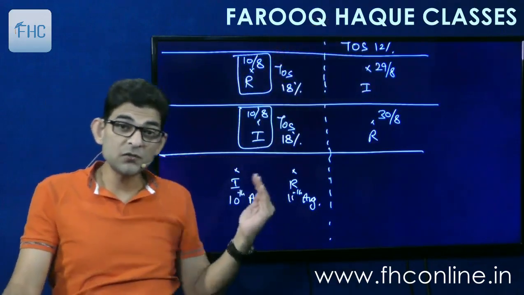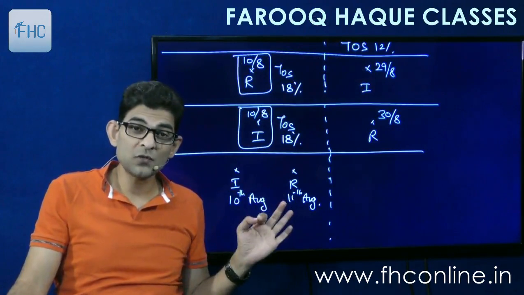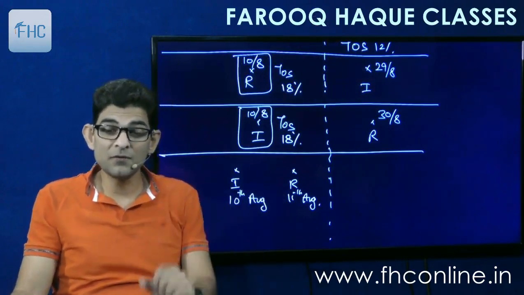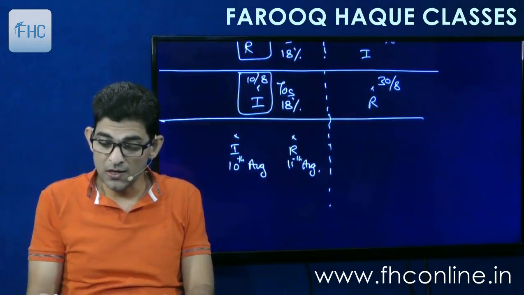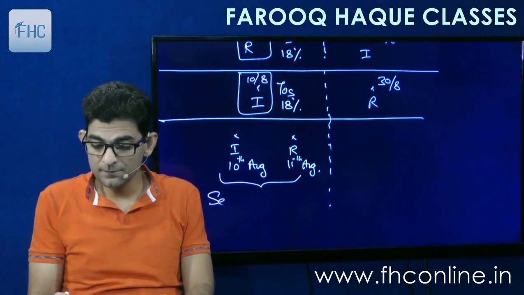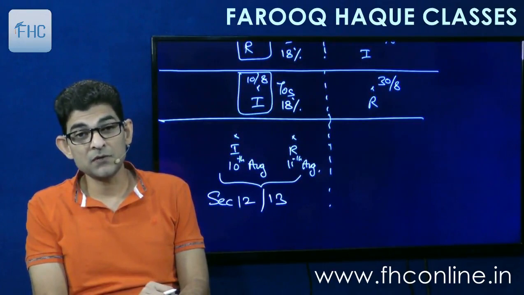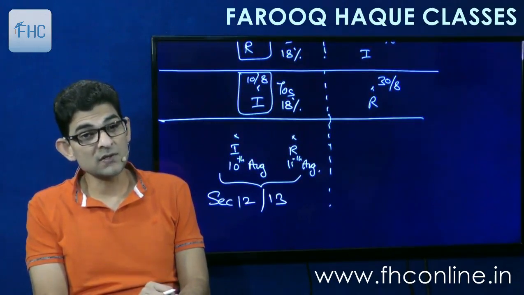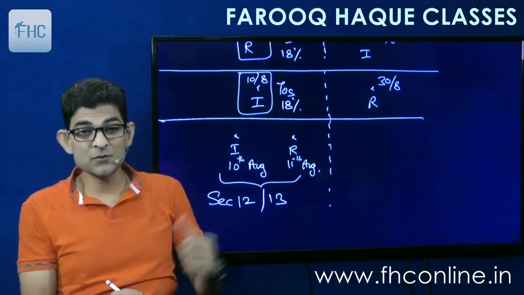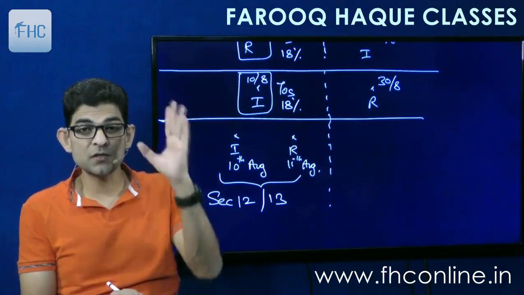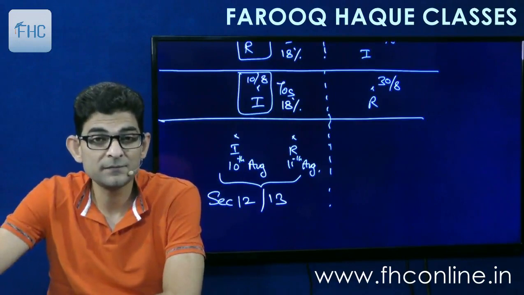But if all the 3 are before, then section 14 will not apply. This case will be governed by section 12 or 13 as the case may be. If it is goods, section 12. If it is services, section 13. So this situation will be governed by section 12 or section 13 as the case may be.